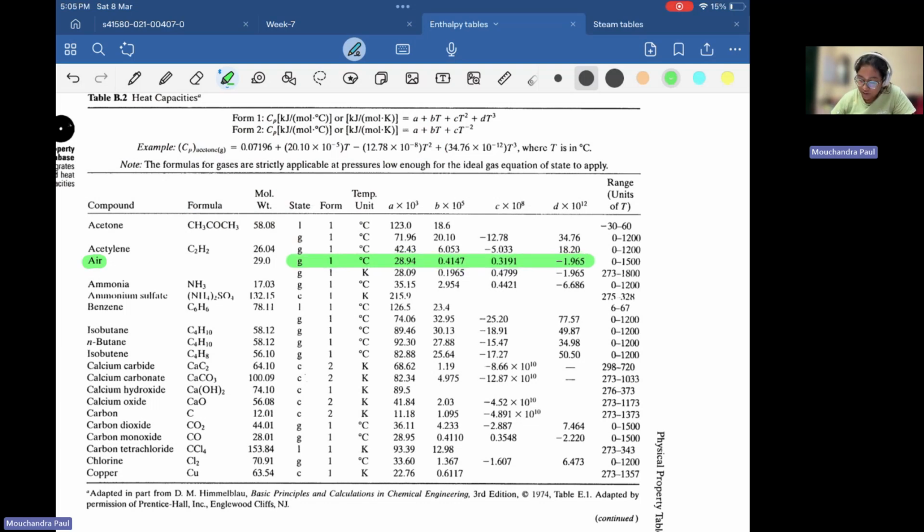Okay, and we have to write this. We will use this particular form to fit the values of A, B, C, and D. And this is how the fitting will be done. This is an example. According to this example, the fitting will be done.